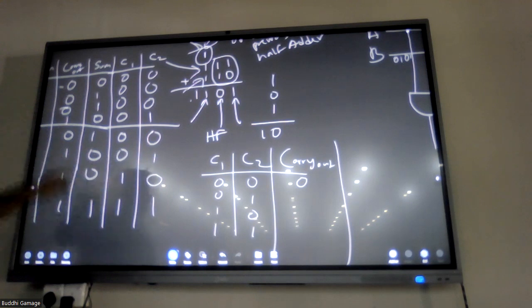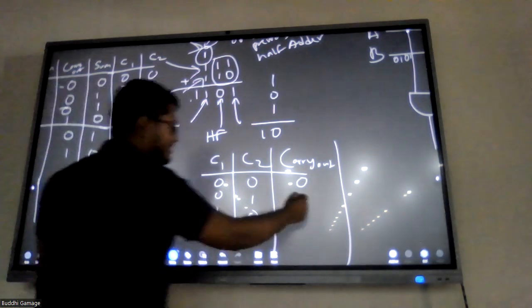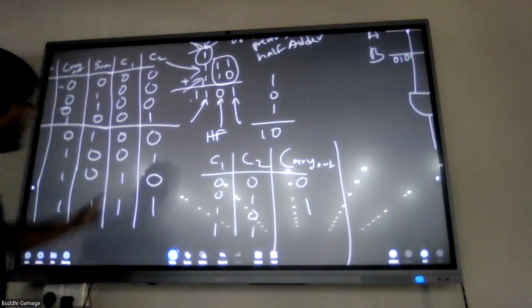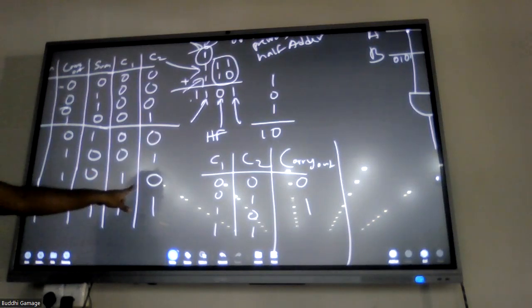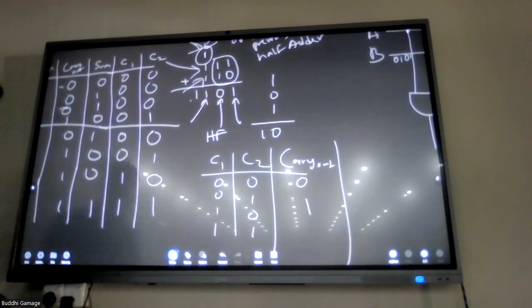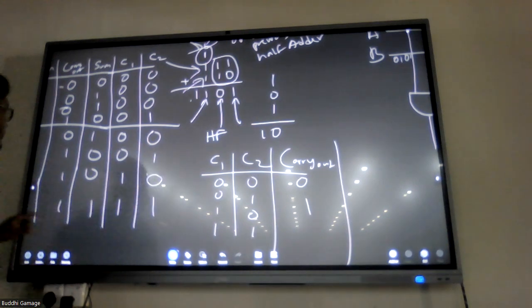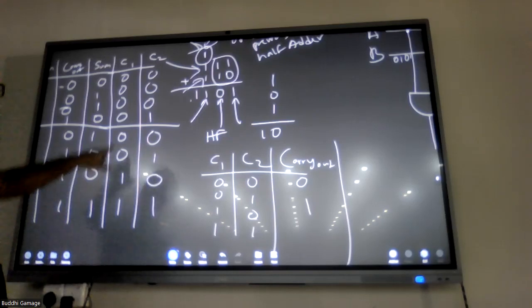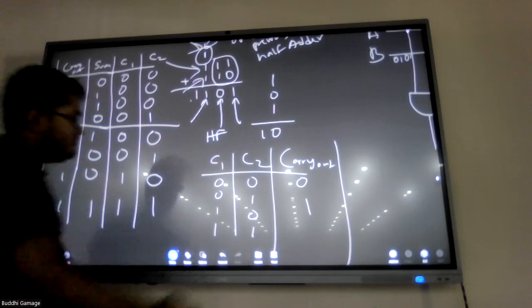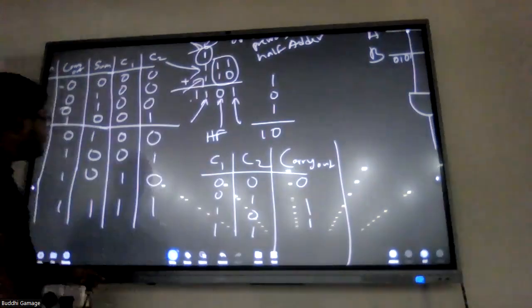For 1, 0, it is 1. What is the answer for 1, 0? It is 1. For 1, 1.